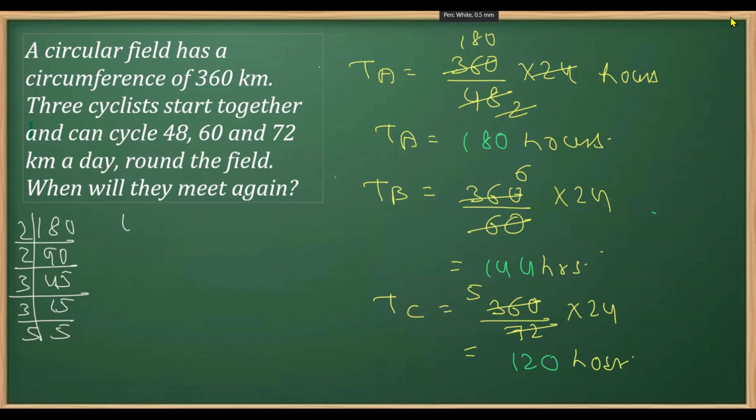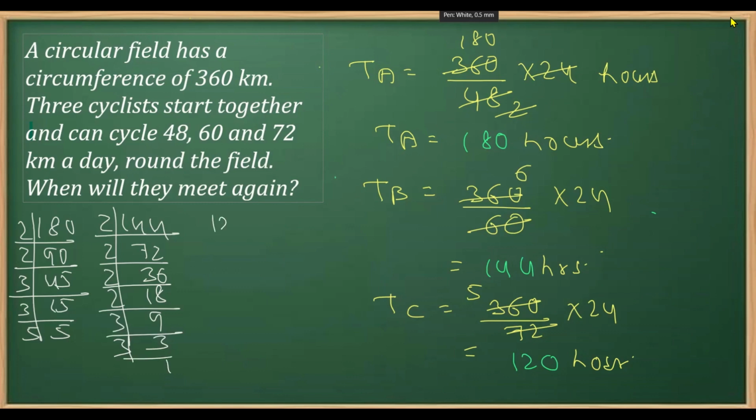For the other, which is 144, it is going to be 2, 72; 2, 36; 2, 18; 2, 9; 3, 3; and 3 one time. And the last is 120. Yes, 120 prime factorization is 2, 60; 2, 30; 2, 15; 3, 5; and 5 one time.